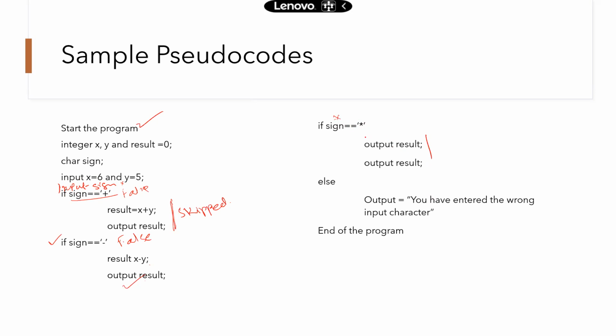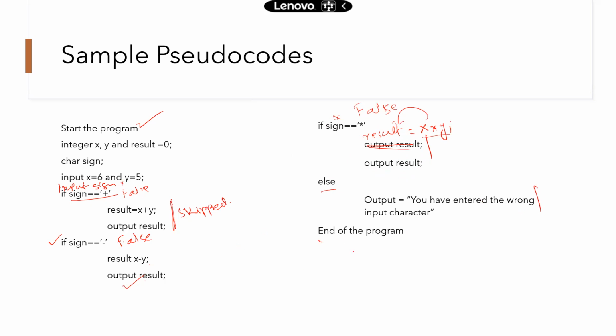And this is going to calculate. Now, this is not output equals result. This should be result equals X multiplied by Y. Okay, right? So this is going to multiply and store this multiplication in the result and give you output of the result. But if this is also a false condition, then obviously we are going to go towards the else and output this particular statement and then end the program.